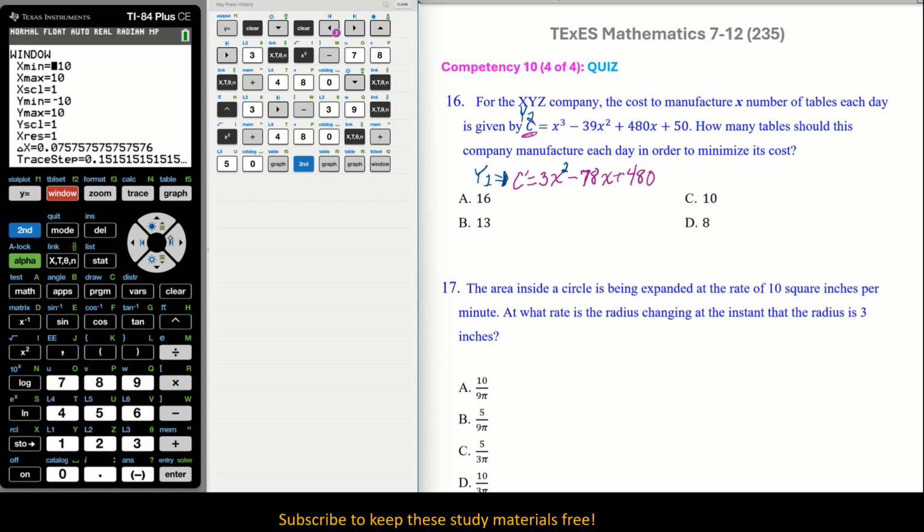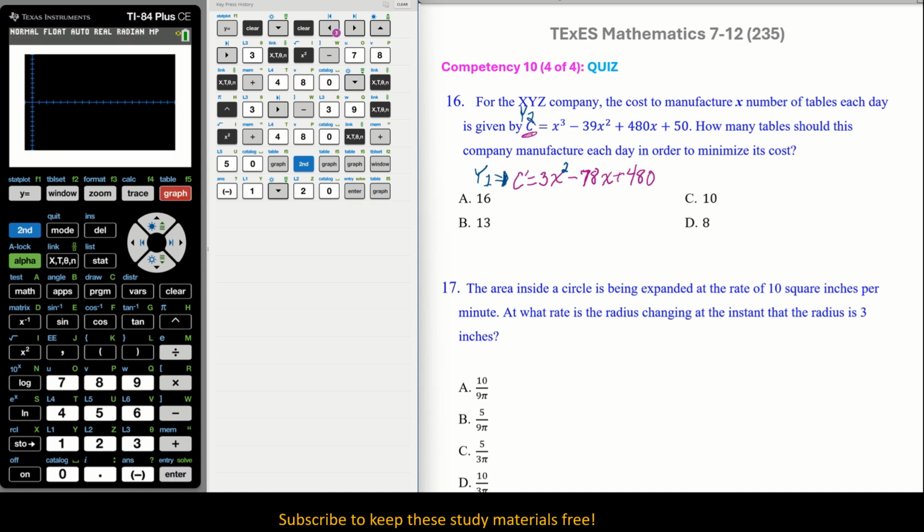I'm thinking I want -1 there to scoot it over. And then the maximum, let's try 20 for the X. I'm going to push enter, and now I'm going to graph it. Okay, that's much better.